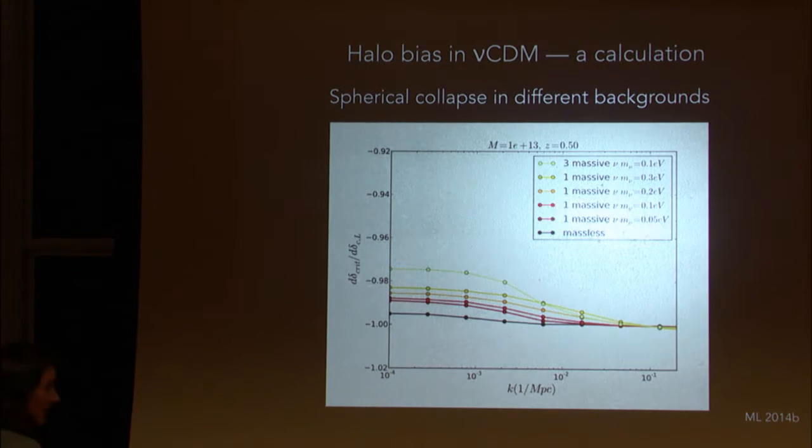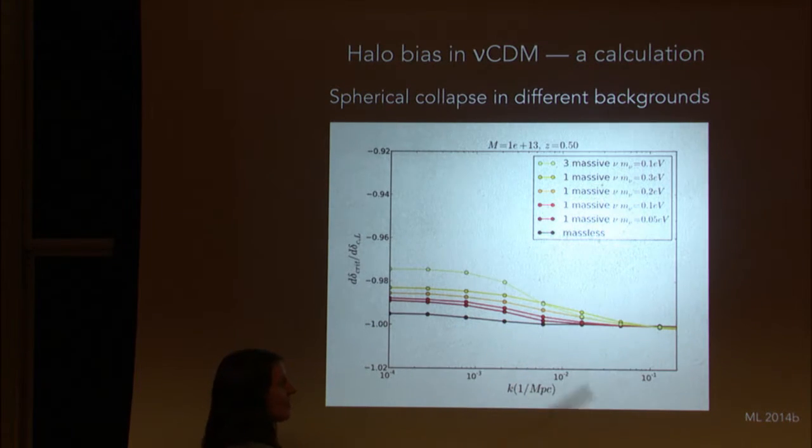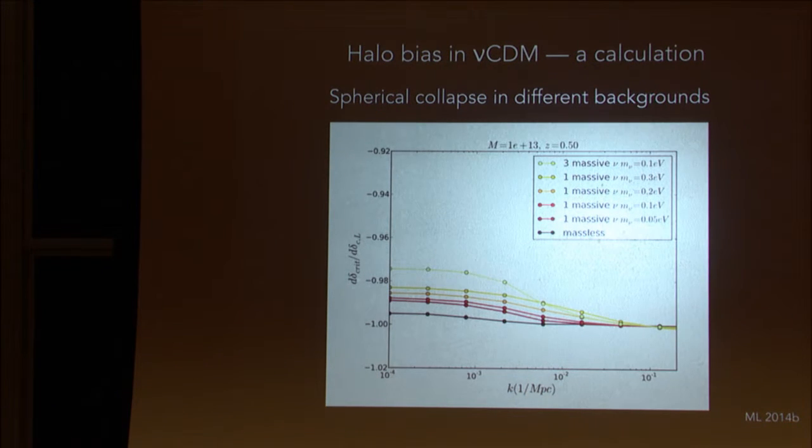So the normal case is that this derivative of delta critical with respect to the long wavelength mode is just -1. And that's indeed what you see on these small scales where the growth rate of small scale perturbations and large scale perturbations is comparable. And on large scales, you see something different.